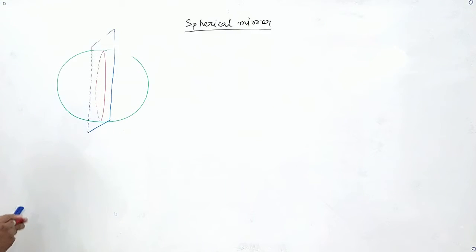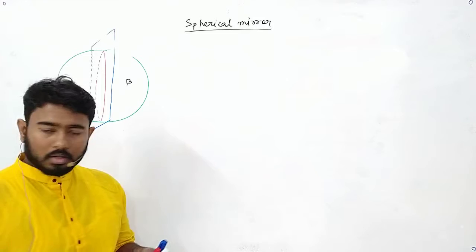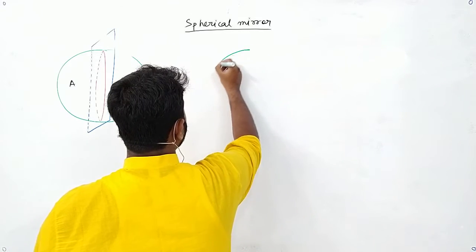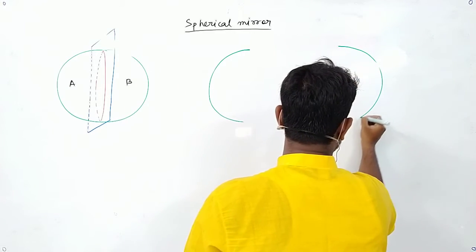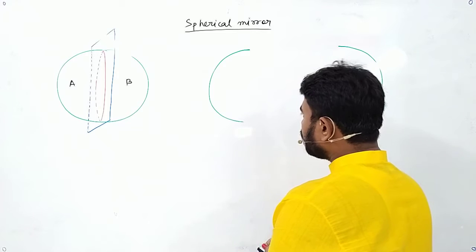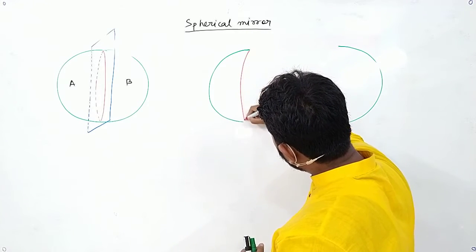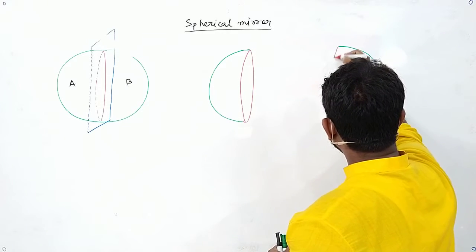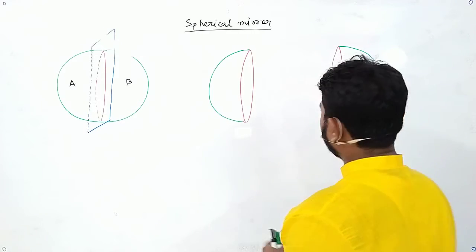Okay, I am labeling this portion as A, this portion as B, right? So can we see two portions like this, whose one surface will be A, whose another surface will be B, right?